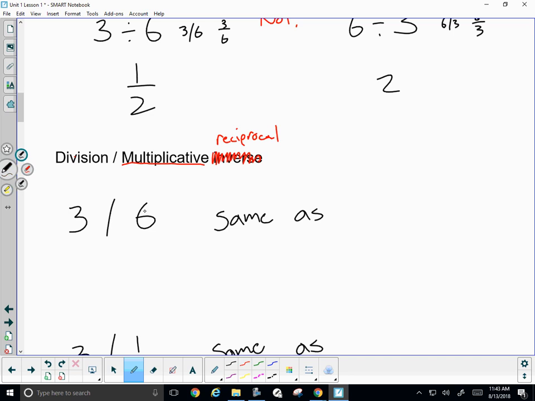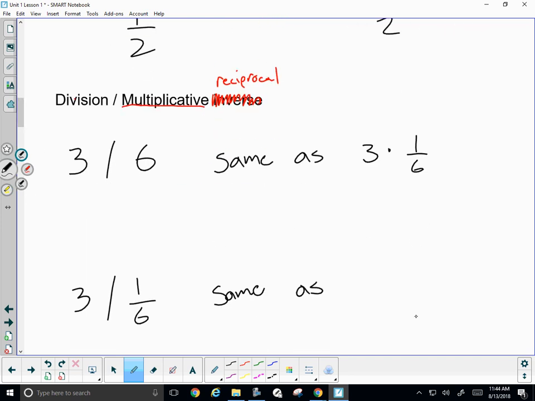Turns out 3 divided by 6 is the same as if I take 3 and multiply by 1/6. 3 divided by 1/6 is the same as 3 times 6. Okay? Instead of dividing, you can multiply by the reciprocal.